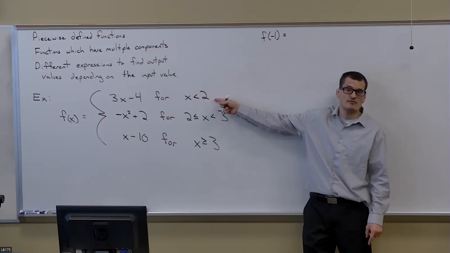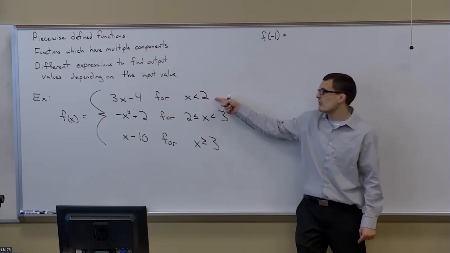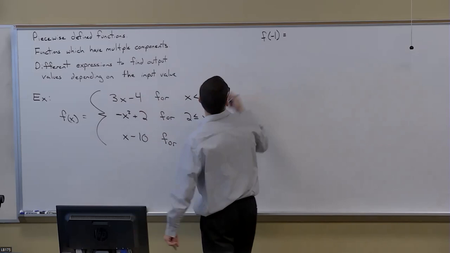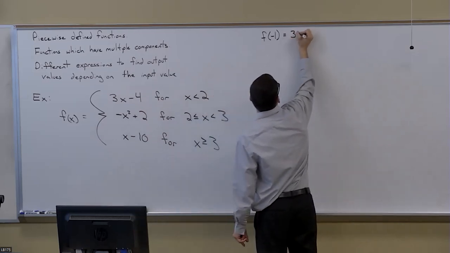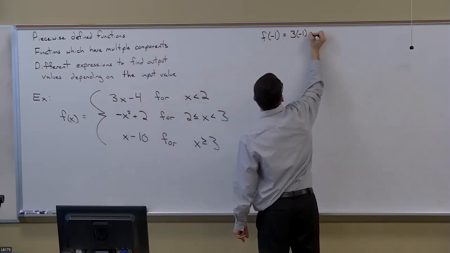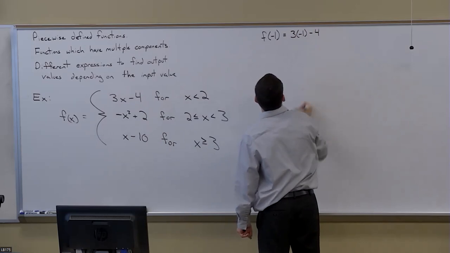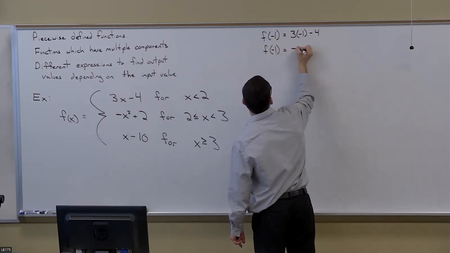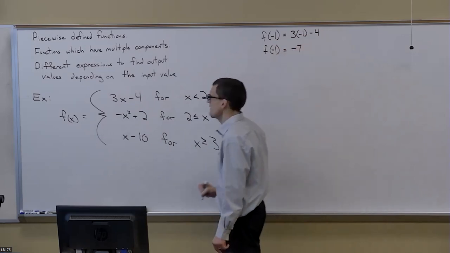And I say -1 is less than 2. So I need to use this expression, this 3x minus 4. So f of -1 is equal to -7.